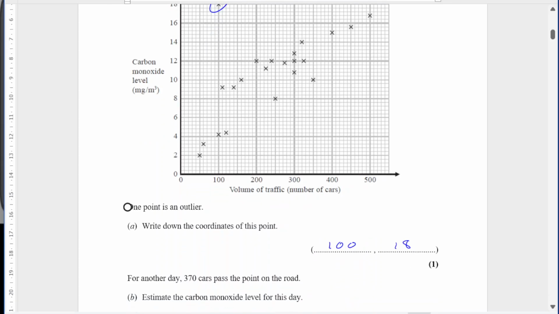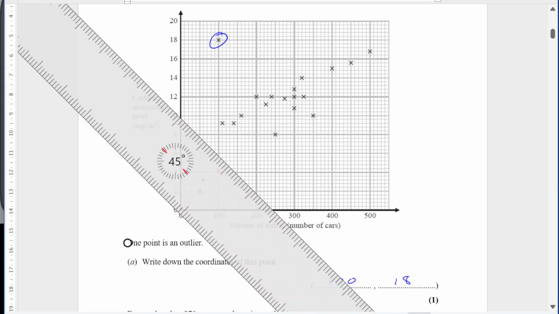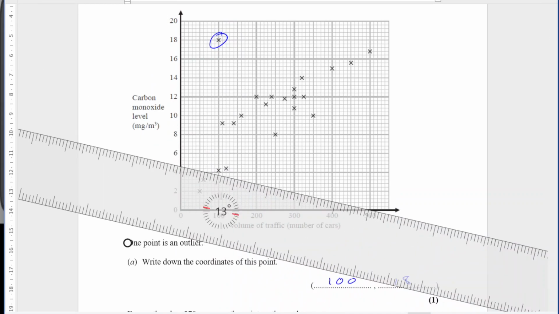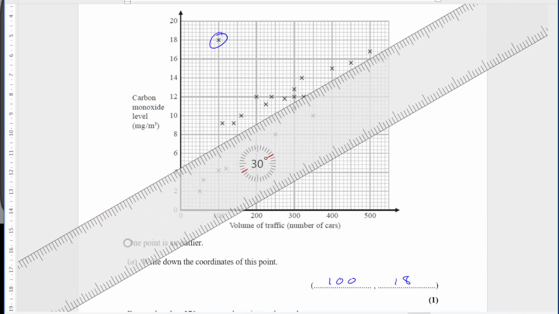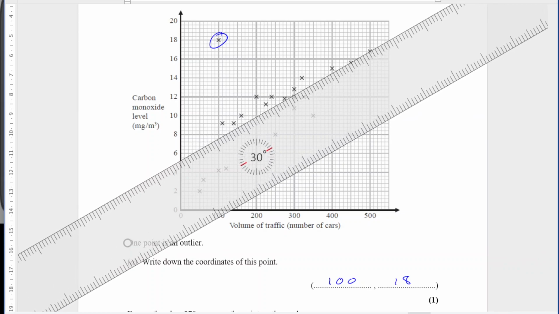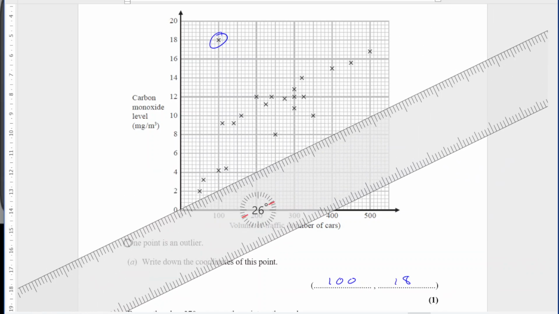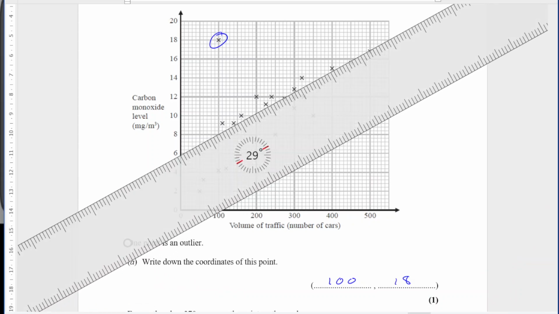Second part, for another day, 370 cars pass the point on the road, estimate the carbon monoxide levels on that day. So we need to draw a line of best fit for this. For your line of best fit, you just want a line that roughly matches the data. So I'm going to go with something like that. So I'm going to go roughly there.